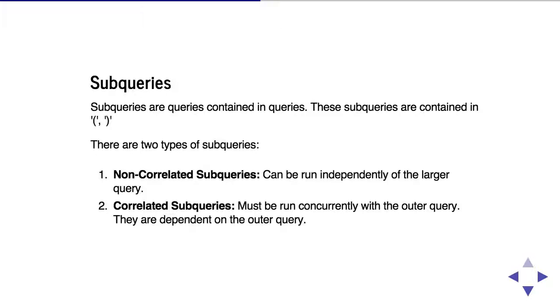Correlated subqueries actually reference the outer query, so you could do some fancy things in there, but for every row on that table, it actually executes that correlated subquery. You don't really want that done very often. So non-correlated is run independently of the larger query.